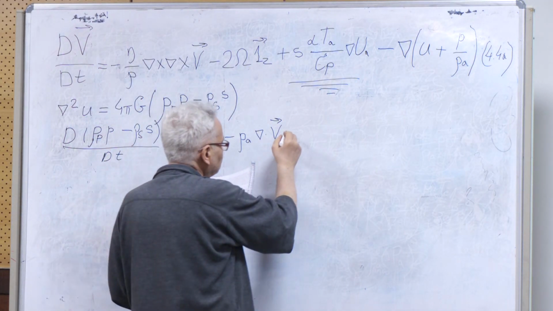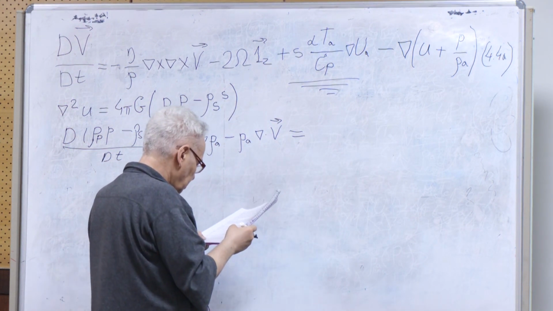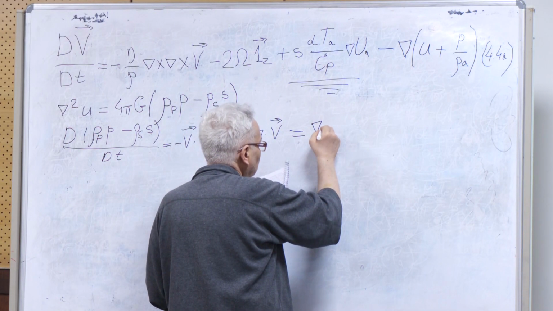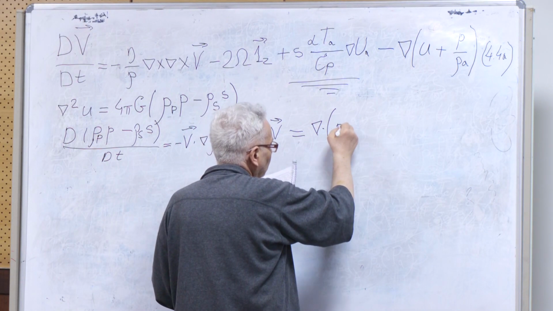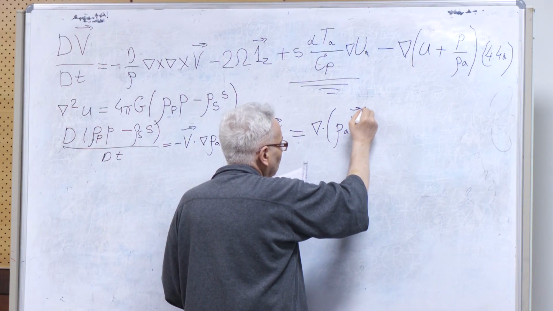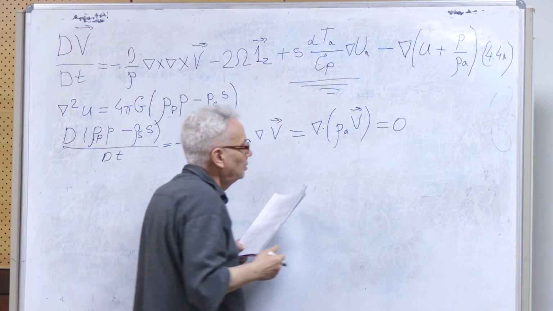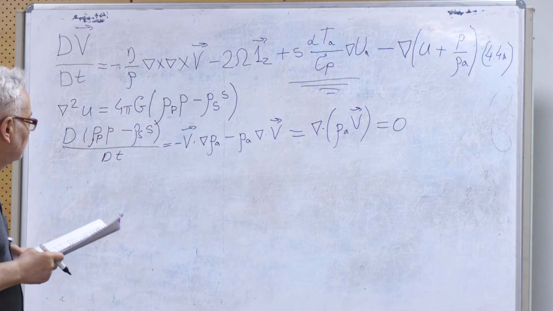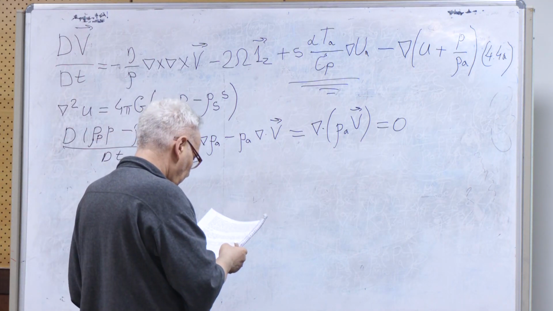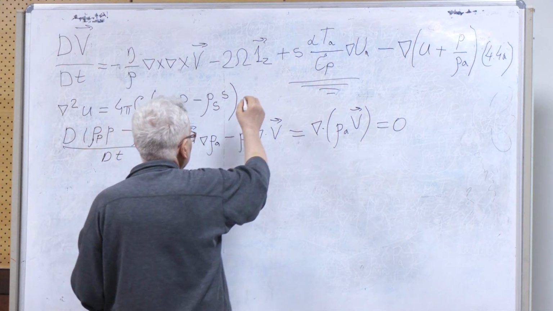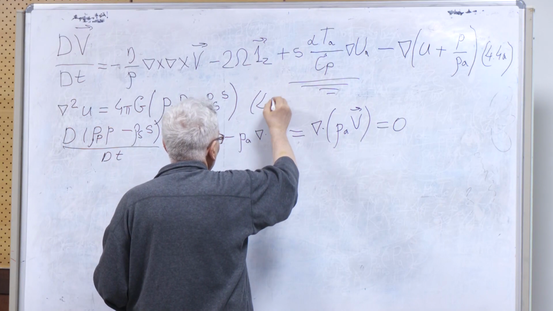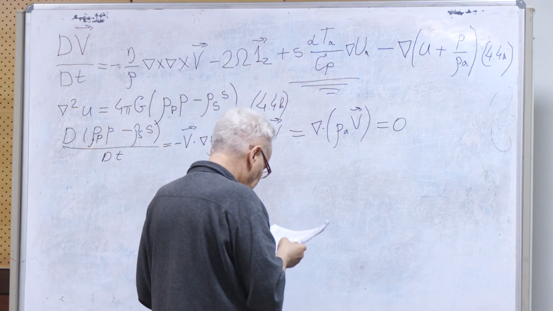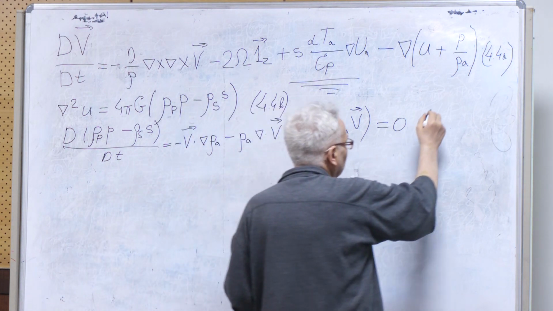All of this could be even further simplified, so it will be just the divergence of rho adiabatic times v. All of this is 0. So this is the direct consequence of the continuity law. So we have this for a, this is for b, and this is for c.